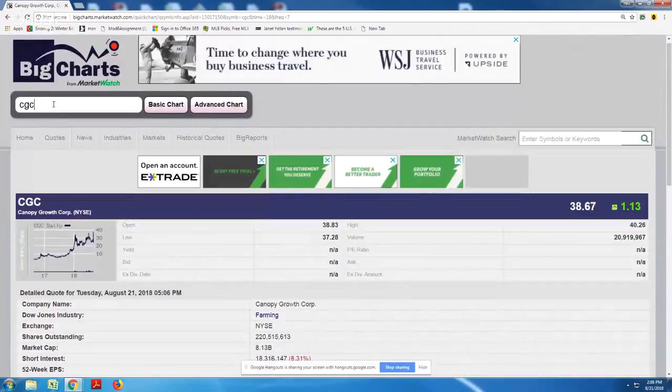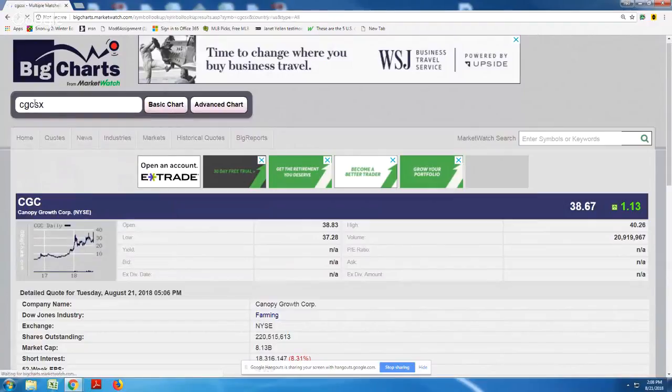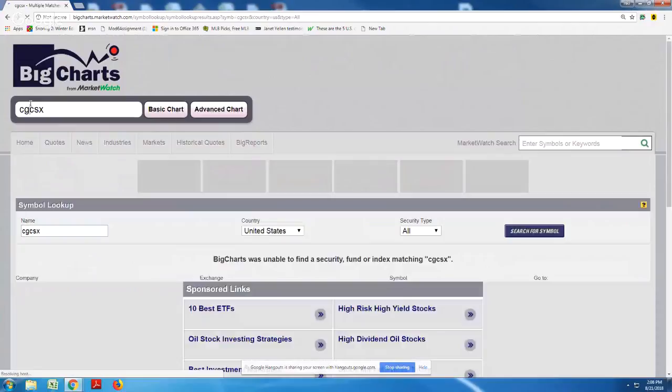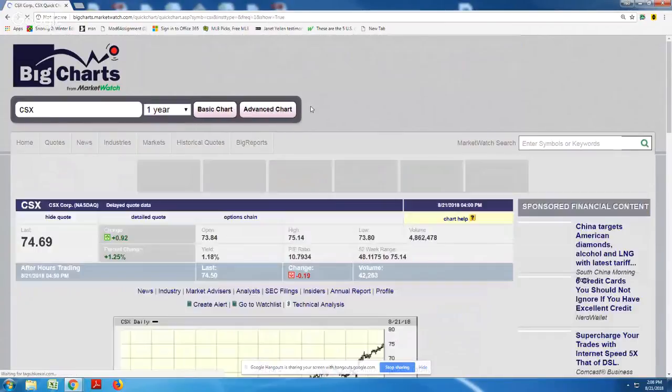Let's turn now to CSX. Let me get the symbol corrected here. This is going to be a transport stock, I believe. Let me just double check here.